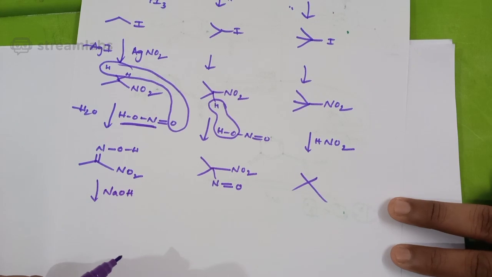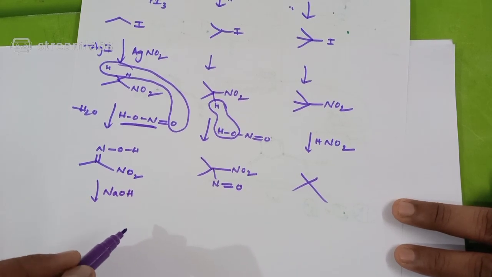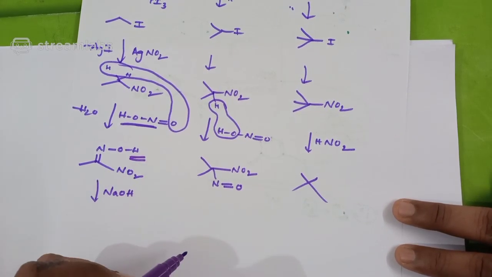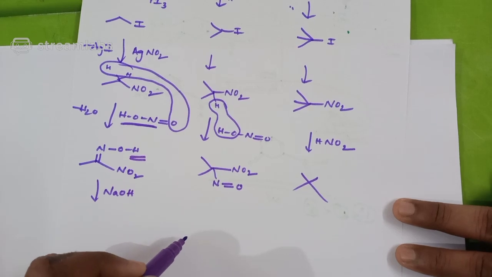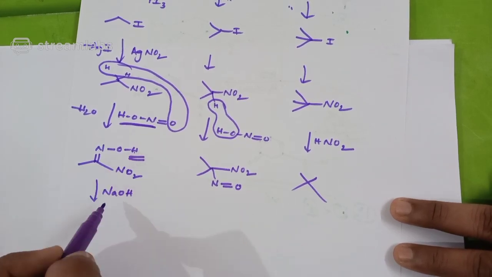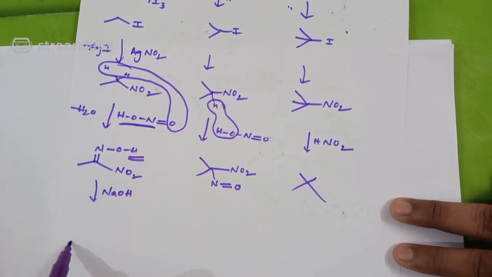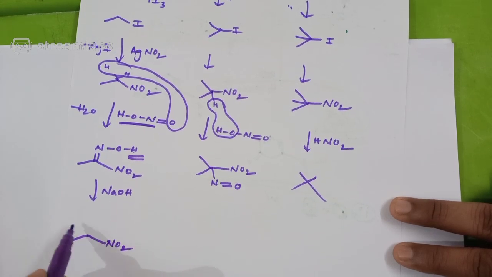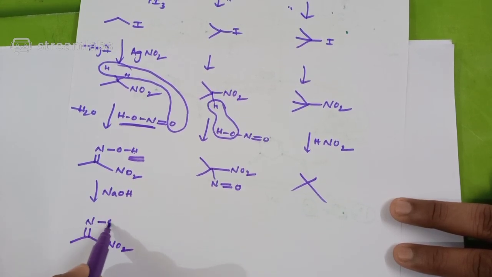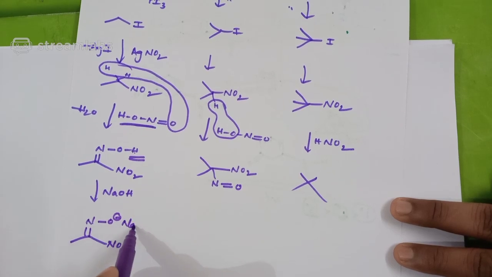So sodium hydroxide. Whenever we use sodium hydroxide, see here, is acidic hydrogen there or not? OH group is an acidic group, right? So this H plus and base react and it forms O minus Na plus.